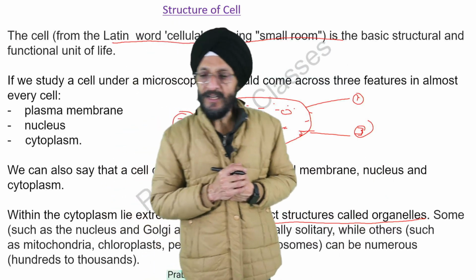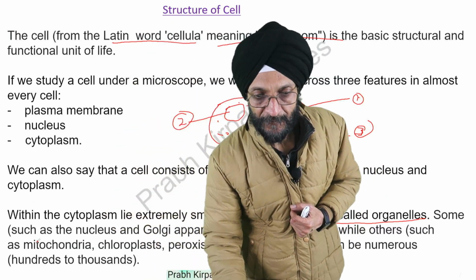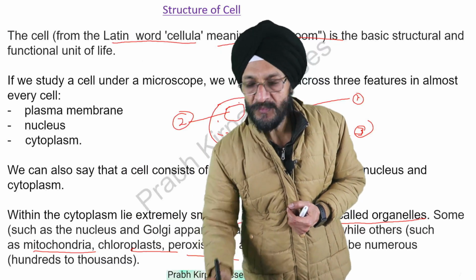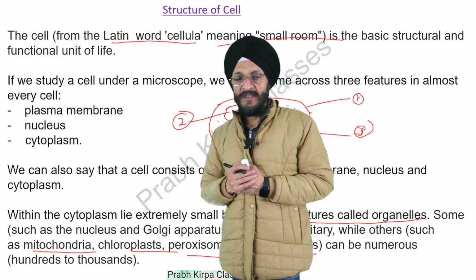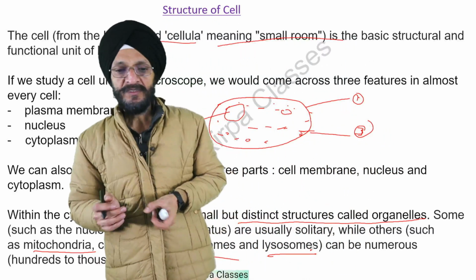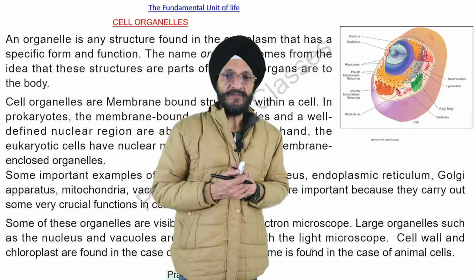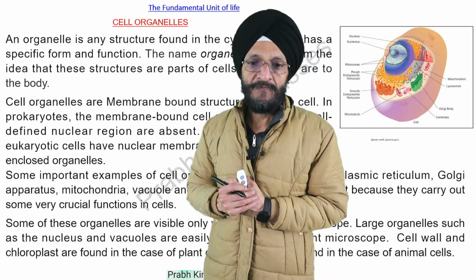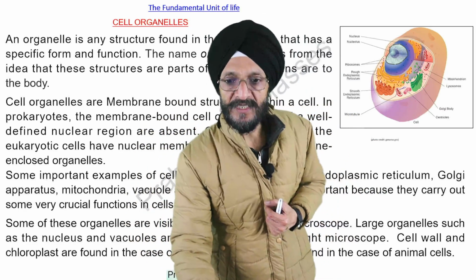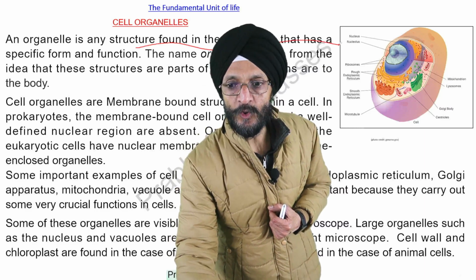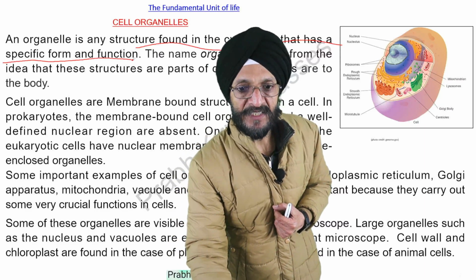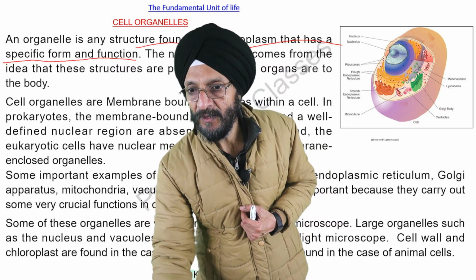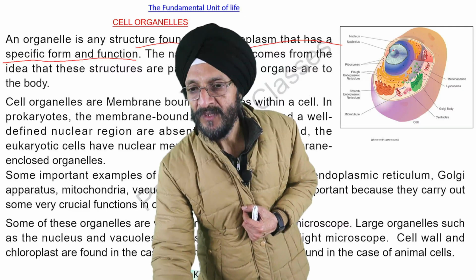While there are other cell organelles such as mitochondria, chloroplasts, peroxisomes, lysosomes, which can be numerous, that is hundreds to thousands. Now, the question before us is cell organelles. An organelle is a structure found in the cytoplasm that has a specific form and function. This is the picture of a cell, and there are many cell organelles which you can see.